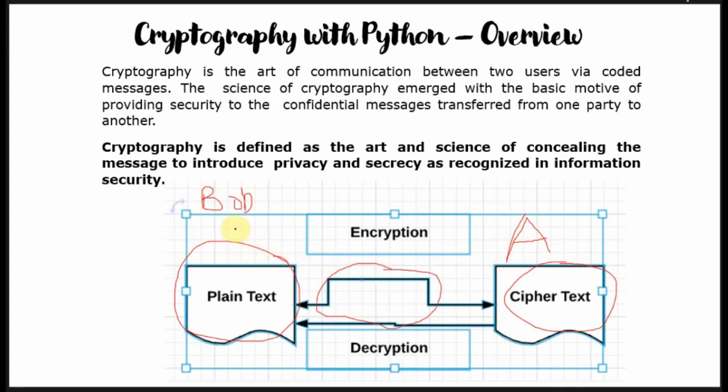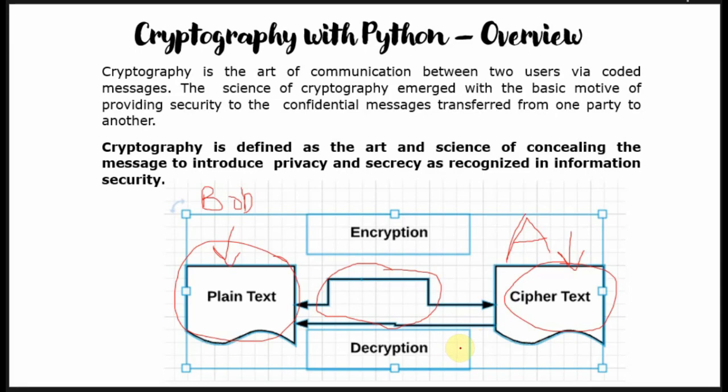Bob has his device here, and Alice has her device at the other end. Now there is going to be a transmission of data between Bob and Alice. How can they ensure that the data transferred over this communication channel is transferred successfully without any attacker getting access to the information?